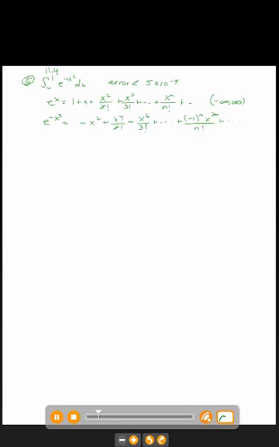So now we want to integrate this term by term. And so I'm going to integrate that series up there. I'm just going to go like this to keep from having to write it again.